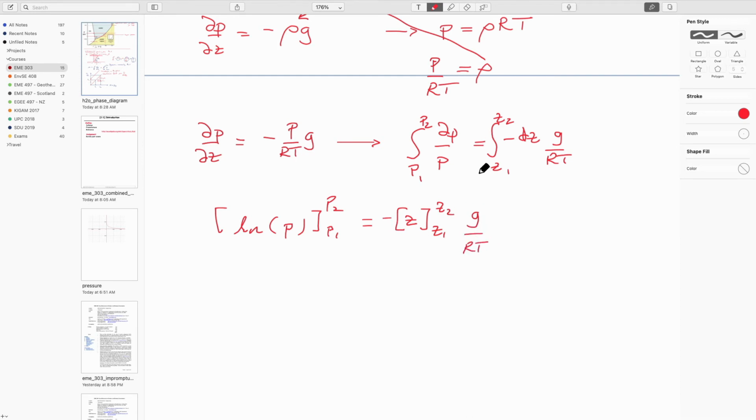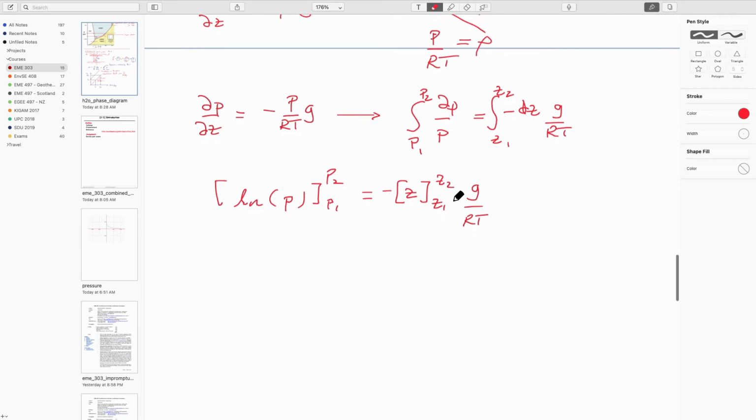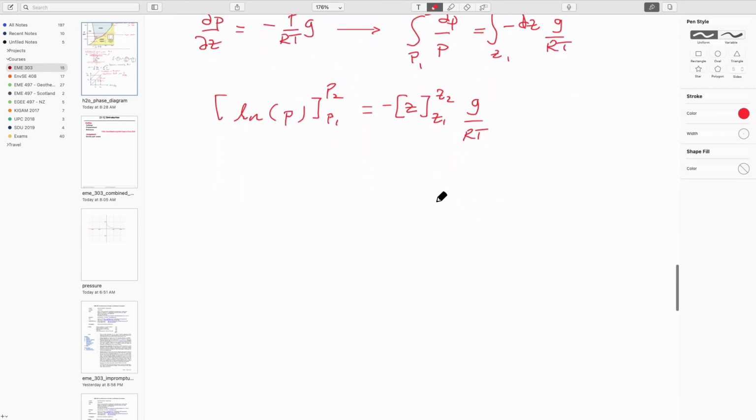Should be a minus sign in there, I guess, for this. And if we work those out, this term here is P2 over P1. Is equal to Z2 minus Z1 G over RT.